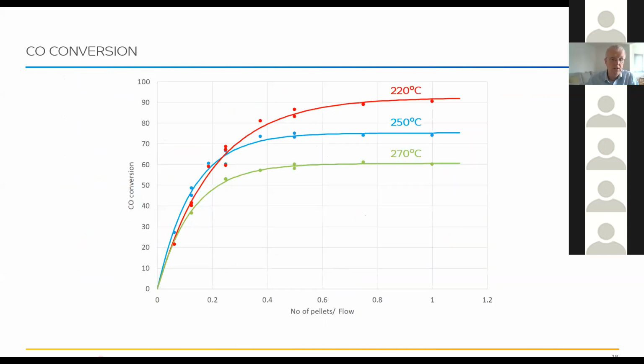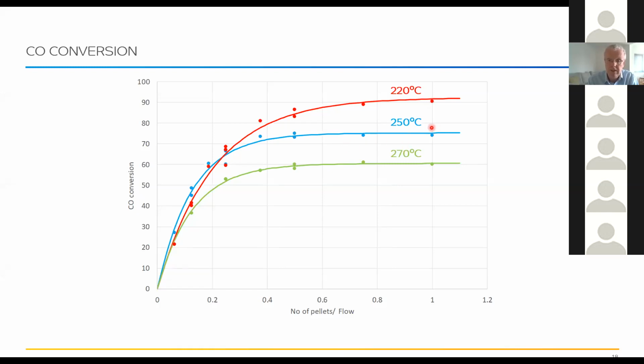If I take that CO conversion data and plot it in a different way, I've scaled the number of pellets versus the flow versus the conversion you get, and you see good trends of data increasing up to a maximum, and the maximum value they approach is close to the equilibrium conversion. At 220 degrees centigrade, I expect the equilibrium conversion to be about 92 to 93%. So it's just below that.